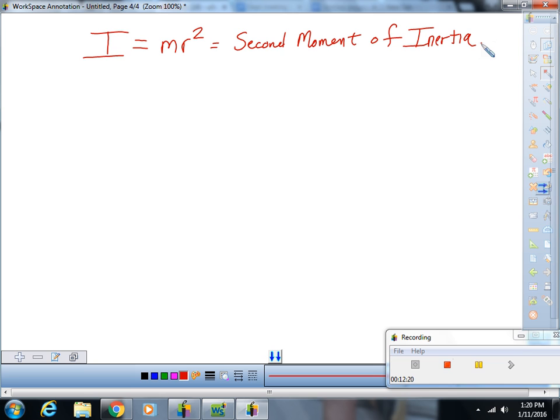What that tells us is that something's willingness to rotate about a point, or about a line once we get into 3 dimensions, depends on the mass of that thing and the distance between that thing and the point of rotation. You can imagine how this is going to be pretty complicated when we have a variable mass within an object, which is why we're starting today with 2-dimensional planar laminas.